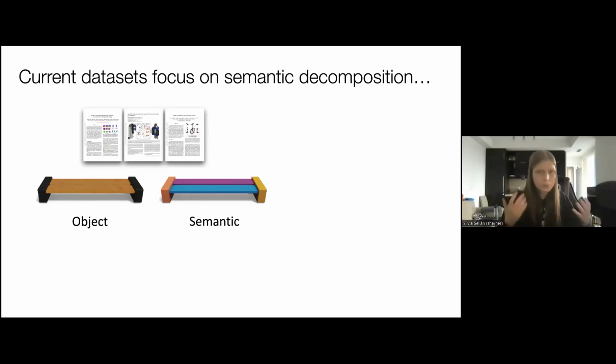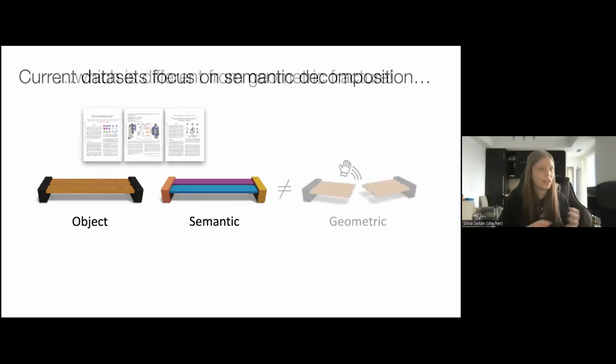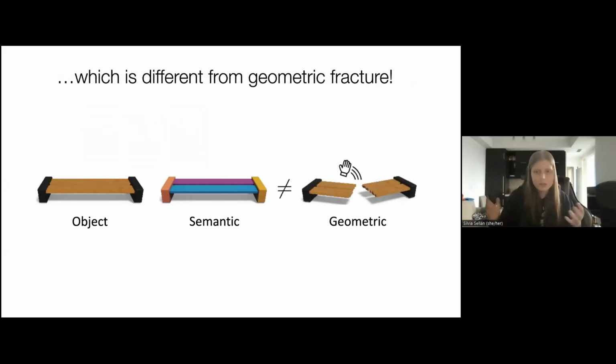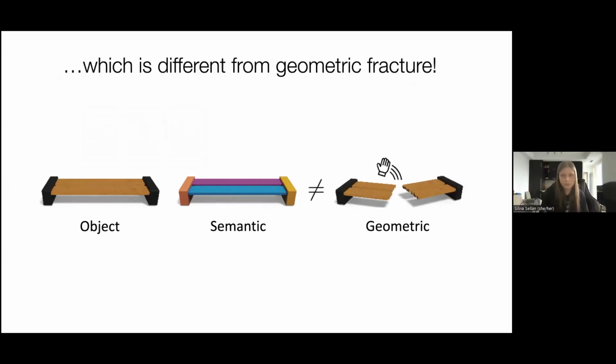But when an object breaks, it doesn't break along semantically defined parts. It breaks into geometrically plausible fragments. And these are completely different. So I think as things stand right now, they're using very suboptimal data to train reassembly machine learning works.